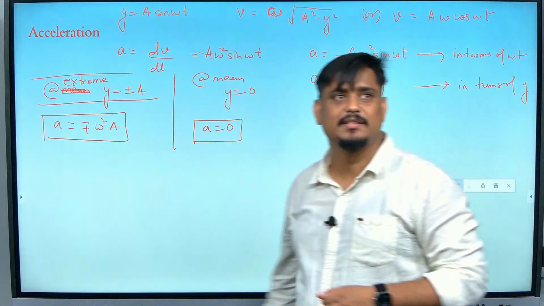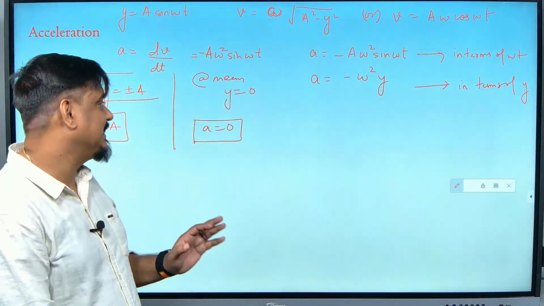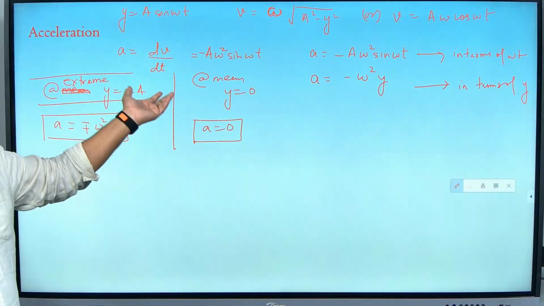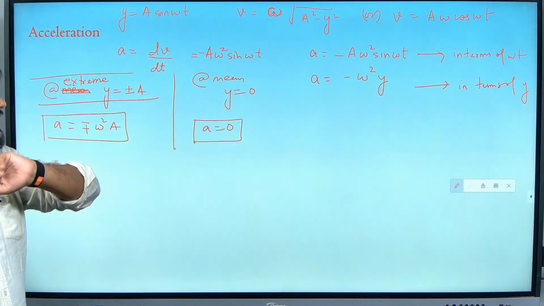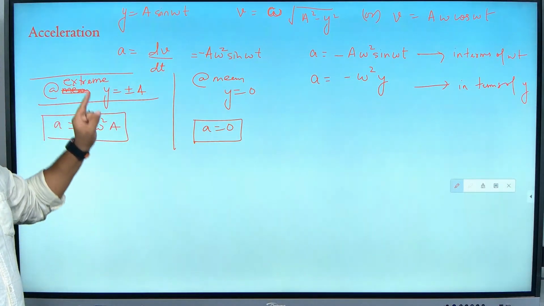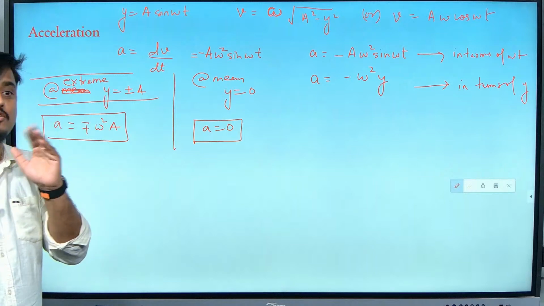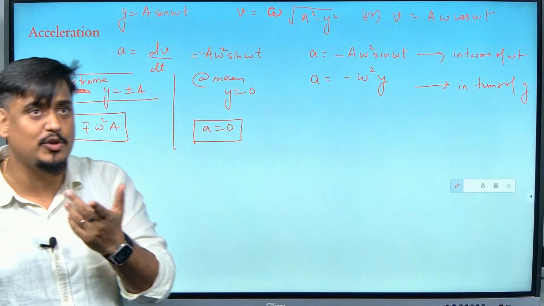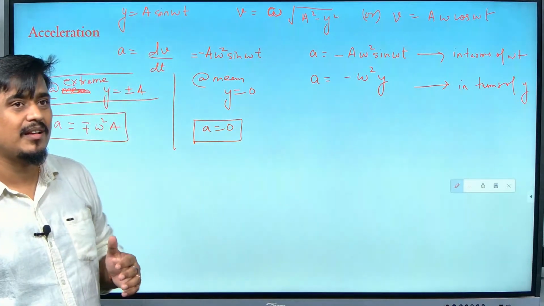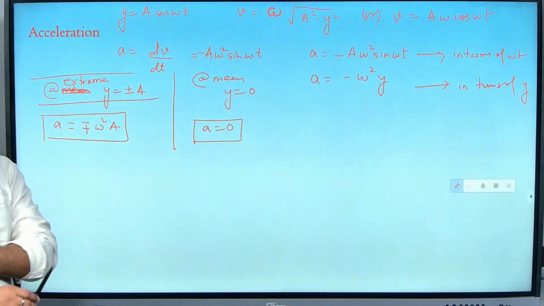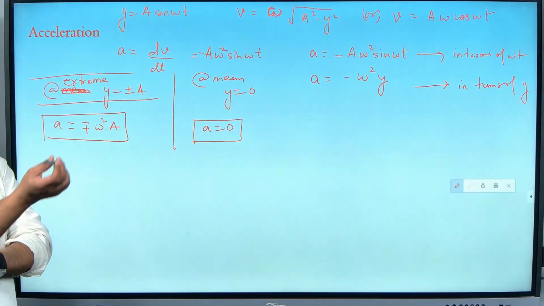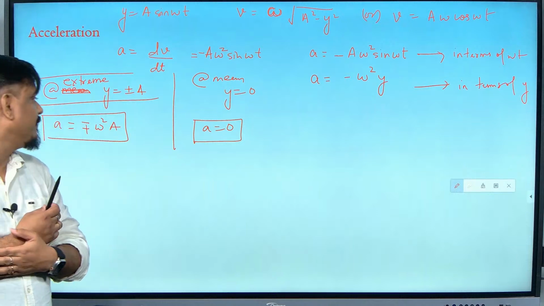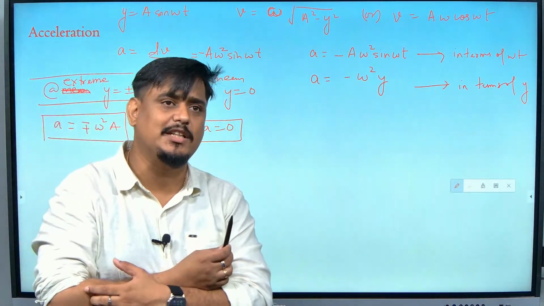Can you repeat? I'll repeat once. If you check your previous page where I derived the velocity equation, at mean position velocity is plus or minus omega a, right? And at the extreme position we got the value of velocity as 0, right?